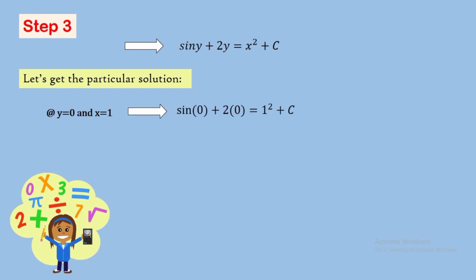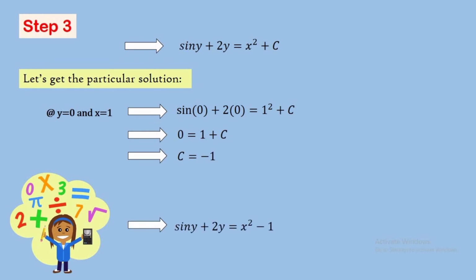So, we will substitute the values of y and x. So, sine 0 plus 2 times 0 is equal to the value of x, 1 squared, plus c. And we get, of course, sine 0 plus 2 times 0 is equal to 0. And 1 squared is 1, then plus c.